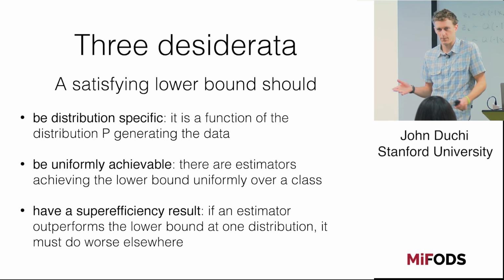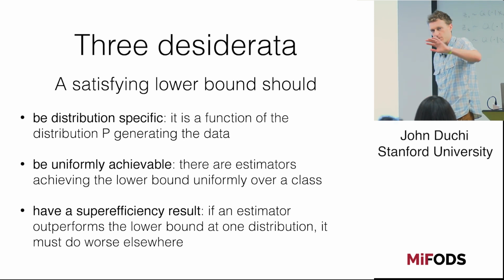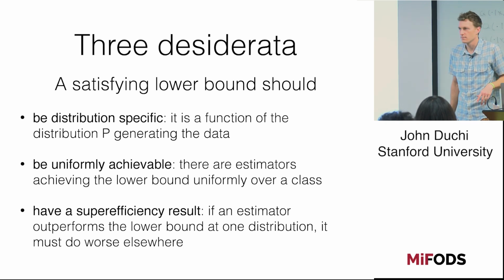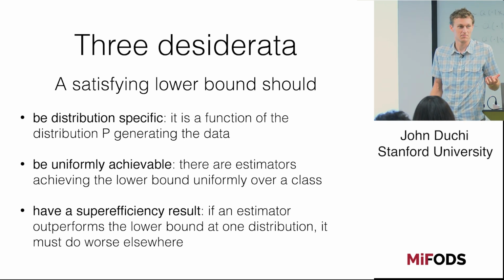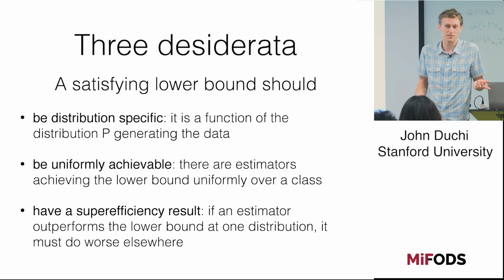So here's a stupid example. Suppose my estimator outputs 0 all the time, and I want to estimate the mean of some distribution. If the mean of the distribution is 0, that's a really good estimator. If the mean of the distribution is not 0, my estimator, not so good.